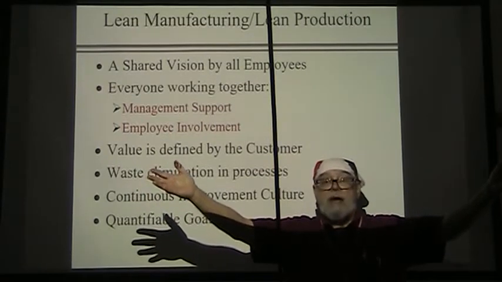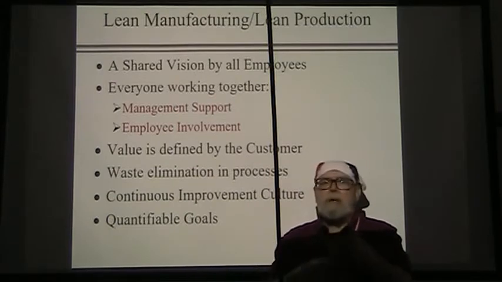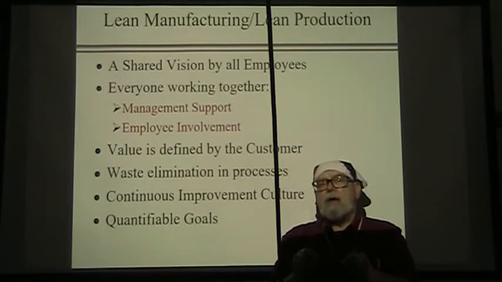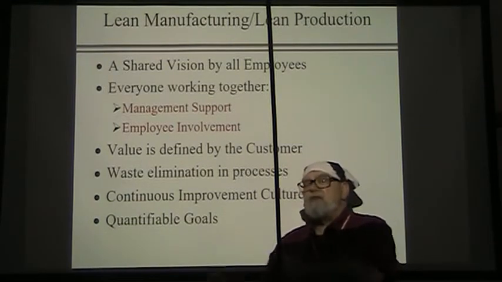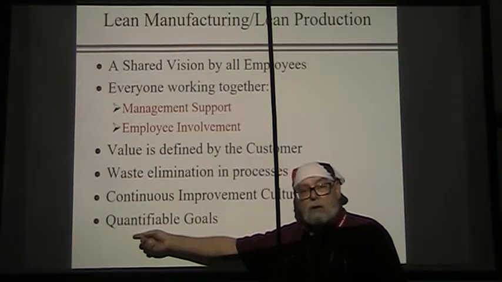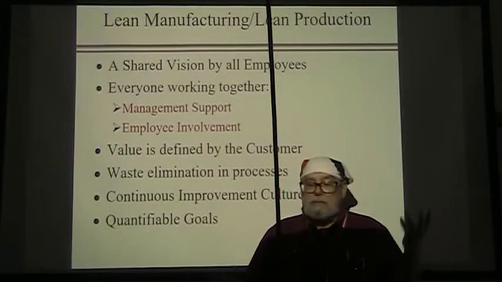And that's all they say. Okay, well, what does that mean, though? If you say, "We want 25% fewer defects," that is a quantifiable goal. Just saying we want to improve quality does nothing.